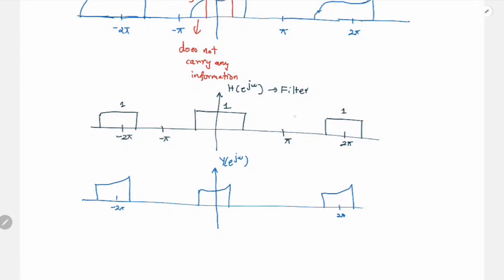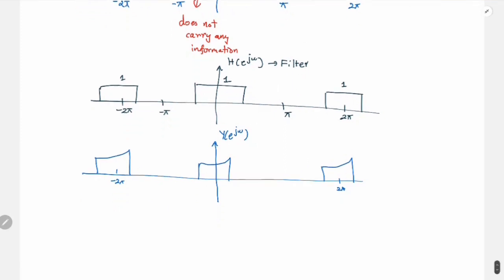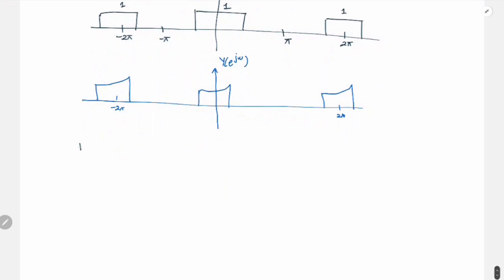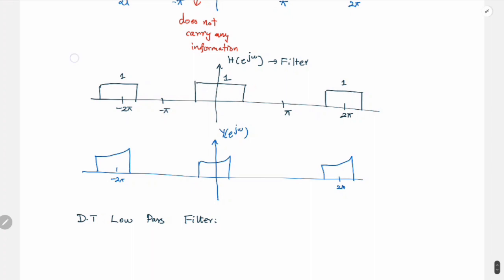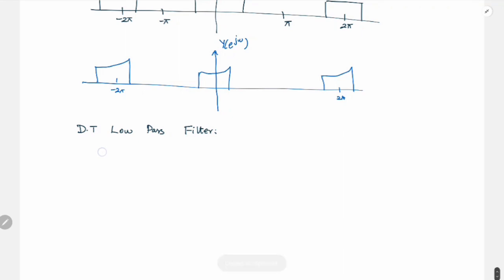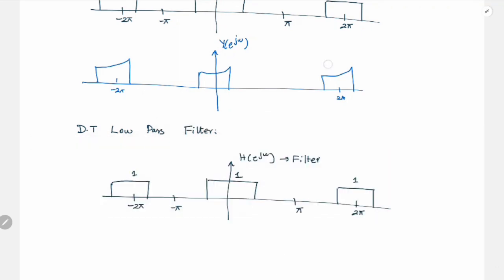And this is a classic example of your low pass filter. So your discrete time low pass filter is given by this. All your low frequency components are concentrated around omega equal to 0, and 0, 2 pi, minus 2 pi, all multiples of 2 pi.